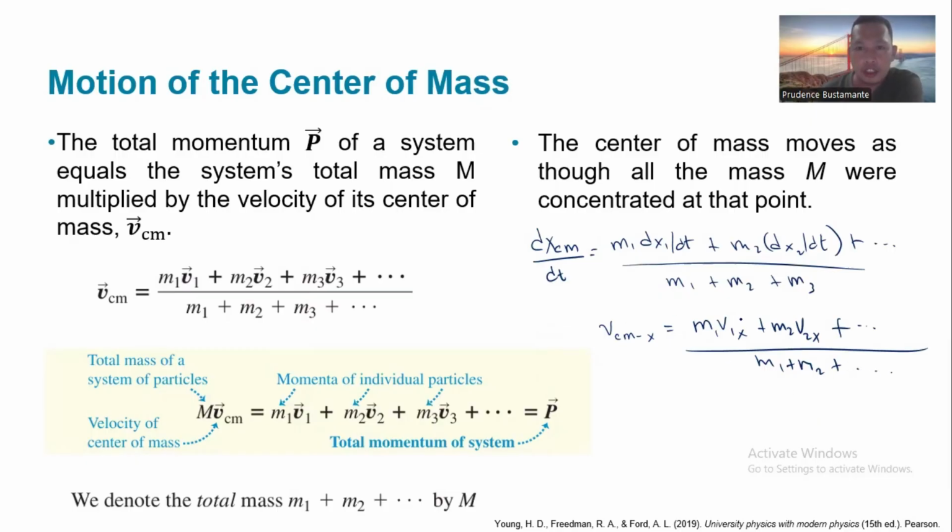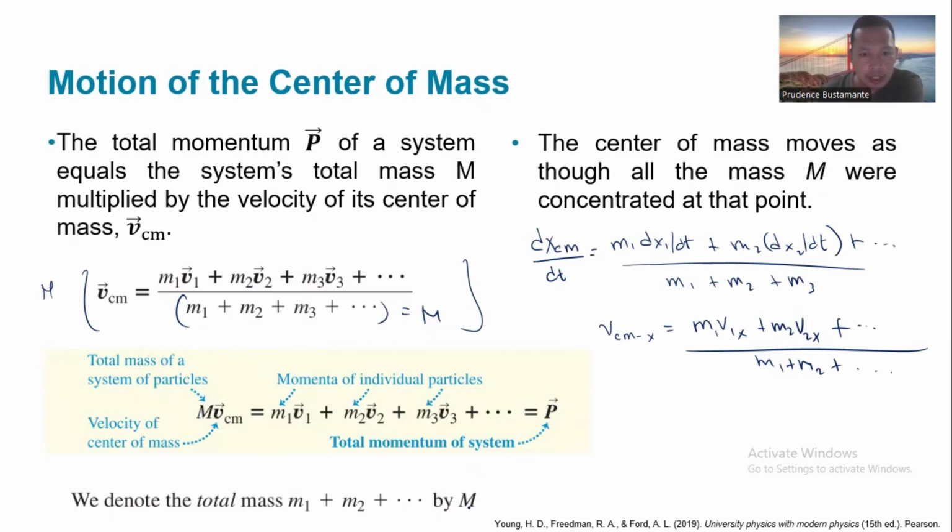Also the same for y. Therefore the velocity v center of mass, or the center of mass moves as though all the masses were concentrated at that point. If we let this term here be just equal to m, and we multiply both sides by m, we get the total mass of the system of particles.